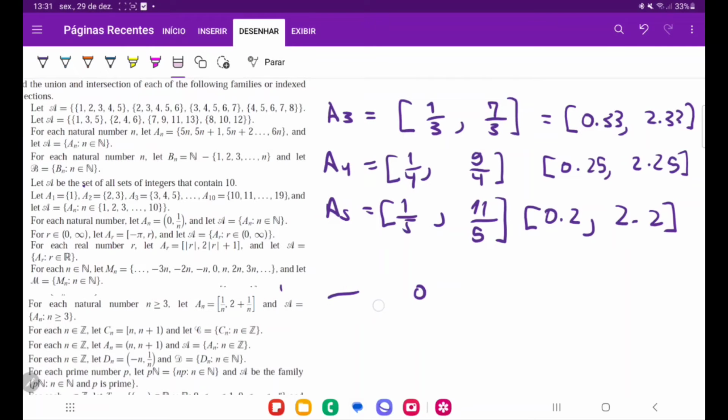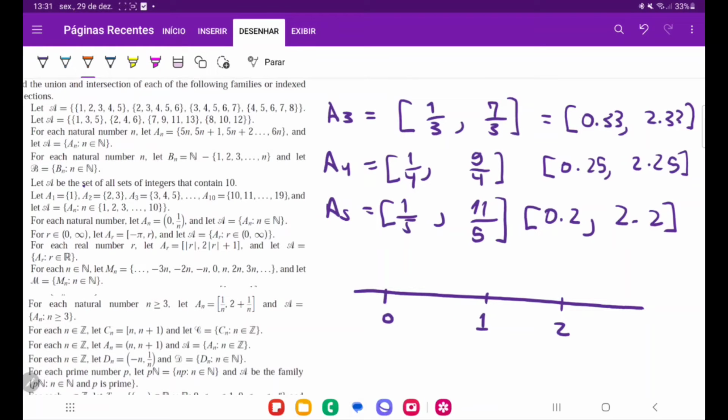What about the right-hand boundary? Well, we have 2 plus 1 over n. And as we've seen, this 1 over n goes to 0 when n gets large. So the right-hand boundary is going to get closer and closer to 2. If I draw this on the number line, this is going to be 0, that's going to be 1, 2.